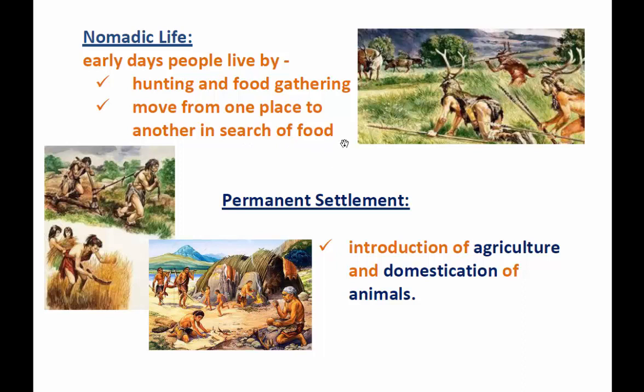But after the introduction of agriculture, and they started to domesticate animals, they started to have a permanent settlement. So today in this lesson we are going to see some of the permanent settlement.